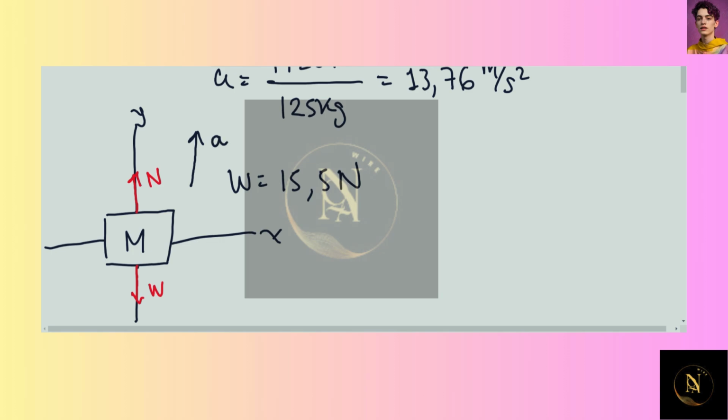So when we apply Newton's second law, in this case we only have forces in the y component, so this is the normal force minus the weight. This should be equal to the mass of the power supply, which is capital M, times the acceleration of the rocket.